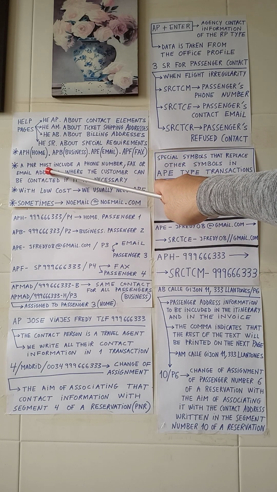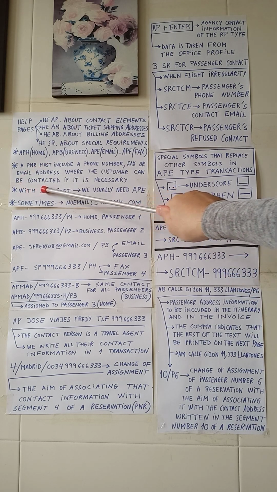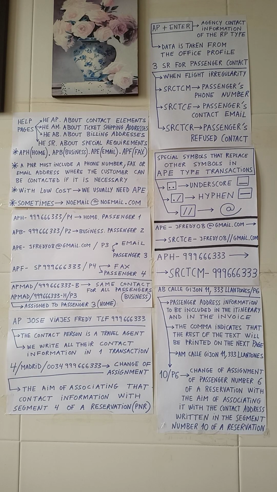A PNR, which is the technical name used in Amadeus to refer to a reservation, must include a phone number, a fax number, or an email address where the customer can be contacted if necessary. With low-cost flights, it is most common that we must include in the reservation information of type APE.